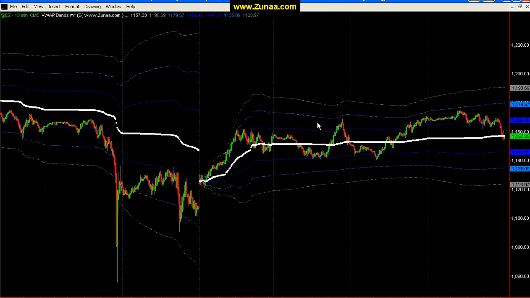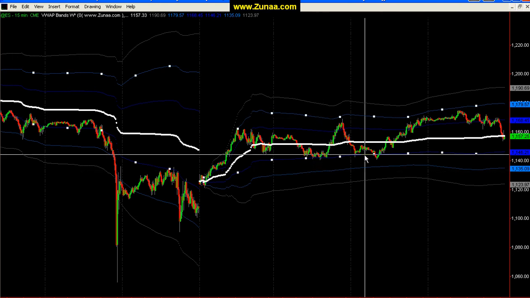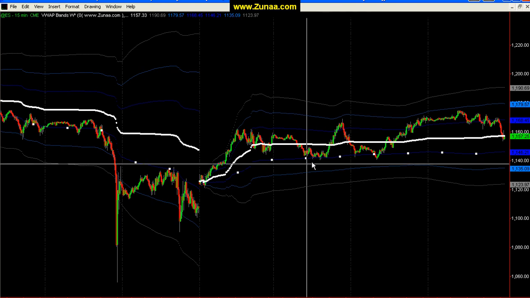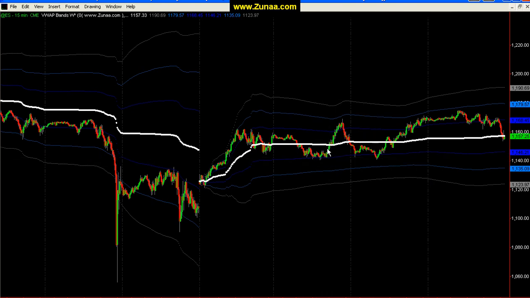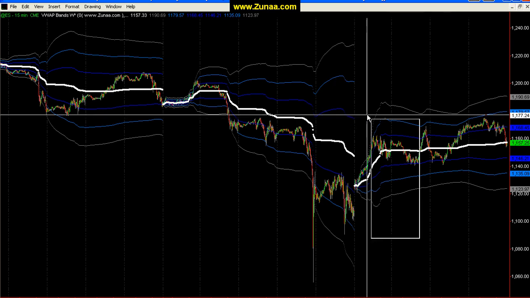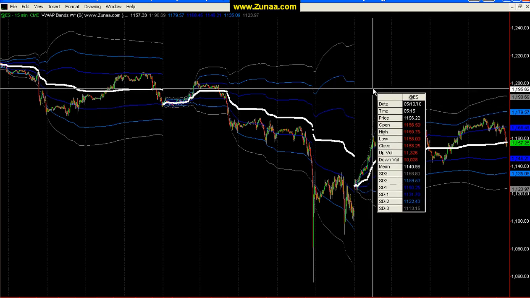As you can see, the bands are flat too, and notice how we're trading between them. We haven't touched the second standard deviations at all. However, every time we decline to the first standard deviation below the mean, the volume weighted average price is holding price, telling us that this is almost a big sales sign for buyers to come in and buy at a discount. So currently things look like we should continue to move higher.